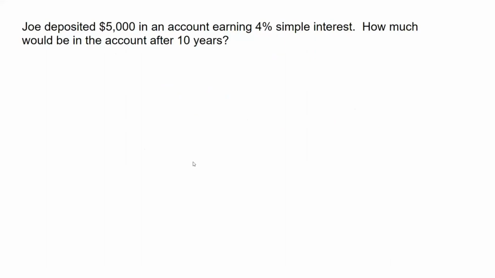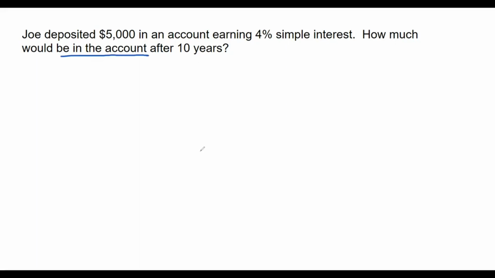Joe deposited $5,000 in an account, earning 4% simple interest. How much would be in the account after 10 years? How much would be in the account means we need to find the balance, so let's remember to add the principal at the end. But first, we do need to calculate the interest. I equals P times R times T. Here's our P, the big amount.